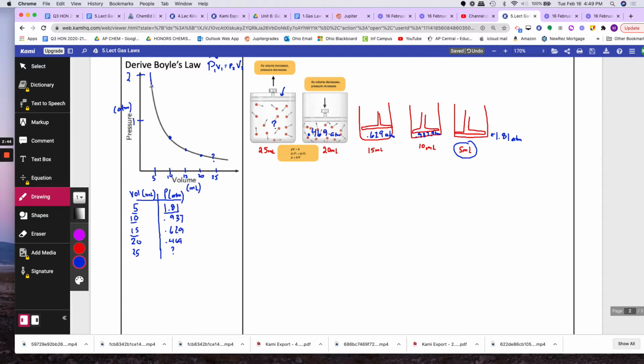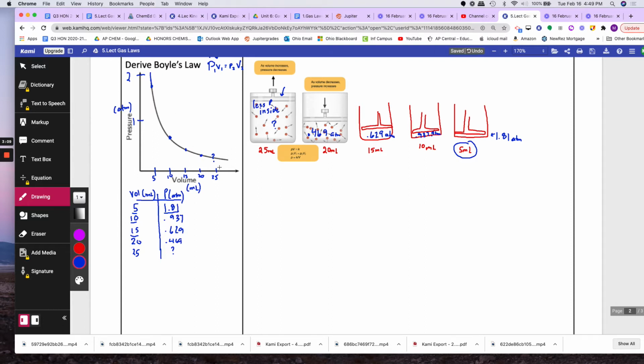It looks like as you increase the volume, the pressure goes down. It makes sense. As you increase the volume going to the left, there's more room, so there's less pressure inside.